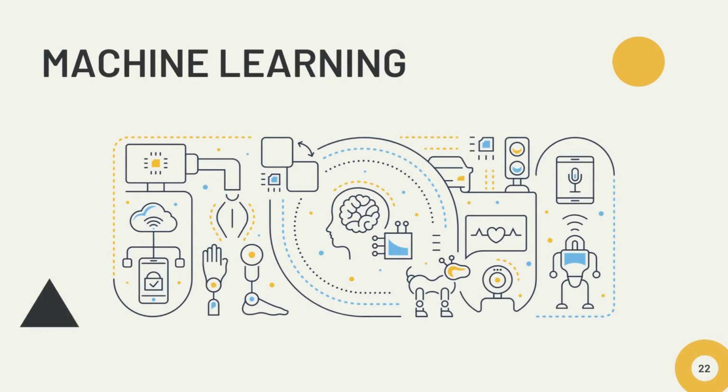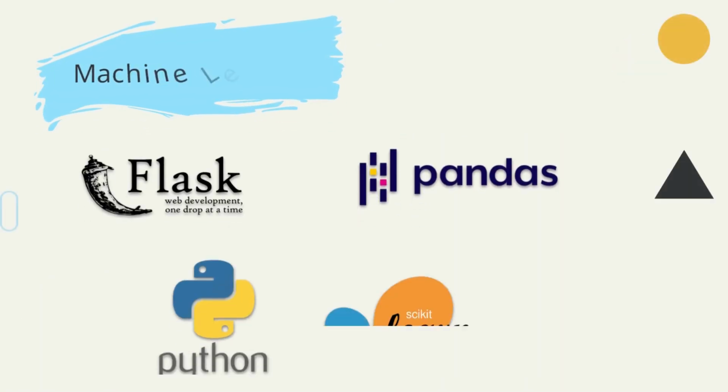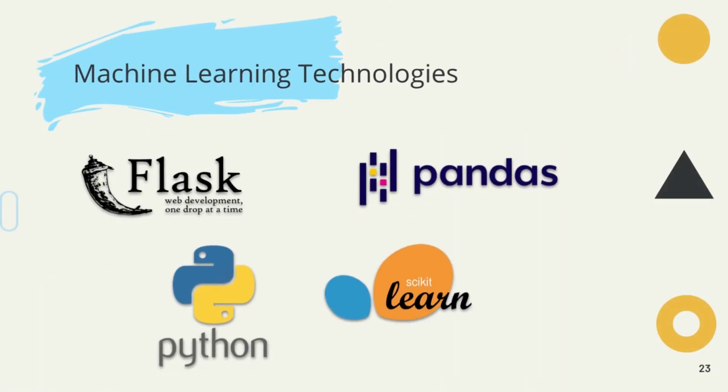database. Now, for the machine learning part, we used, as I said, Flask for creating a web server to handle requests and responses from our recommendation system. Also, for the NLP model, we used the Python libraries Pandas and scikit-learn.